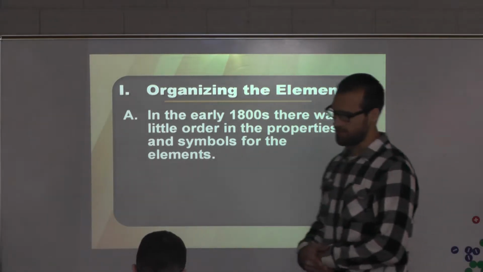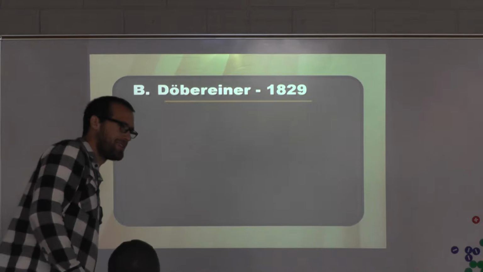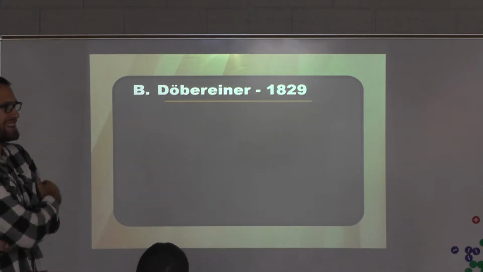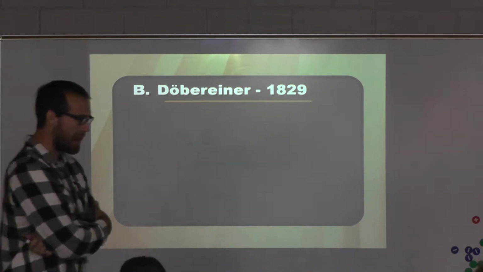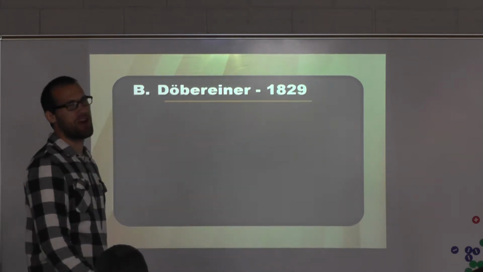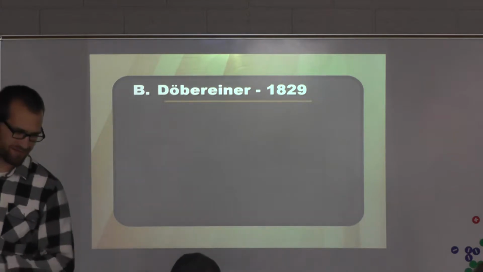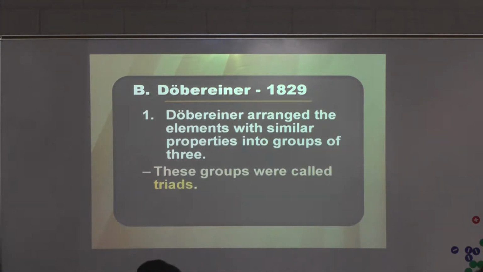Okay, it wasn't until Mr. Johann Döbereiner. Oh, wow. It's a Döbereiner, guys. How do you pronounce that word? What is the two dots over the O called? Yeah, the two dots. It's German. How do you pronounce it? I have no idea. That's just how I pronounce it.